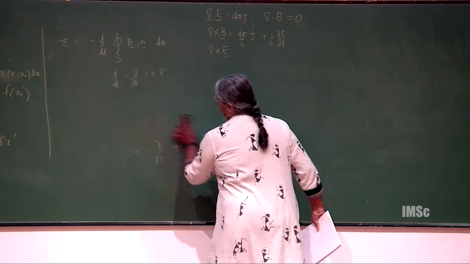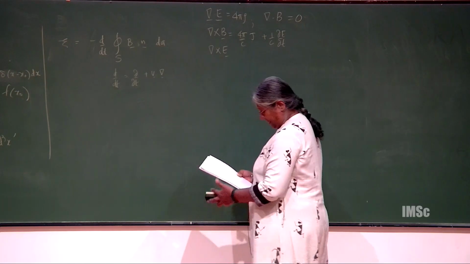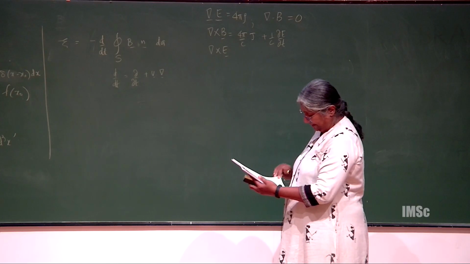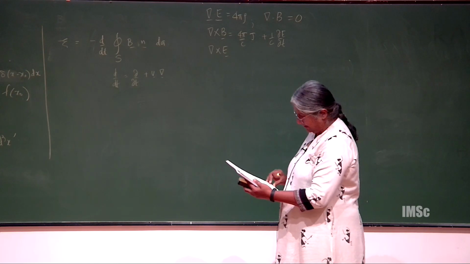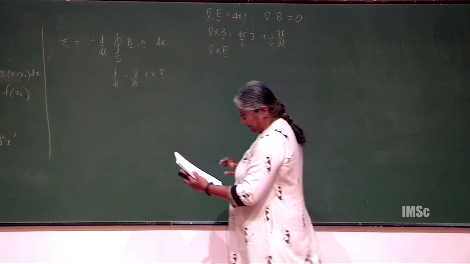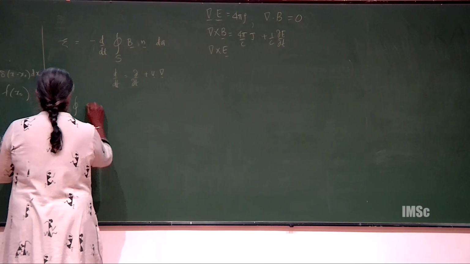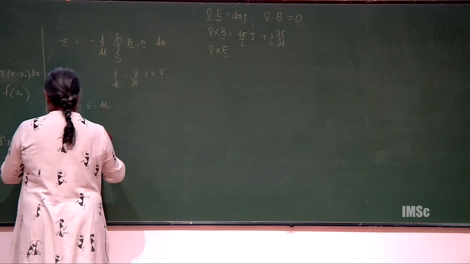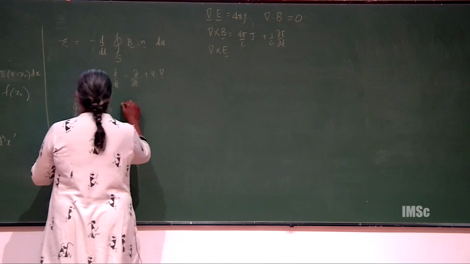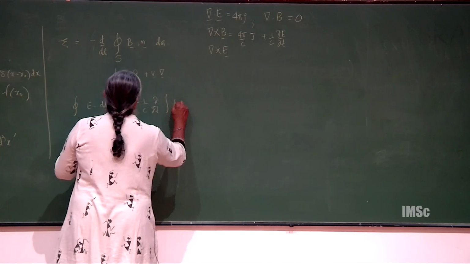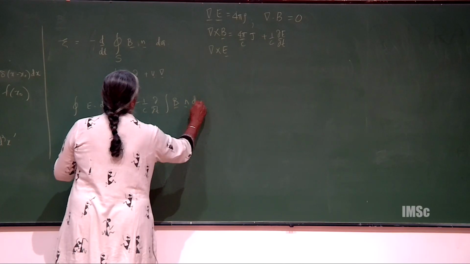motion part, okay, and then I have to do many things, and I don't think I will do the many things. Okay, let me just write outlines of the equations. So I will get a line integral of E dot dl, and that will come out to be minus 1 by c d by dt of this b dot n dA, which I have written on the top.